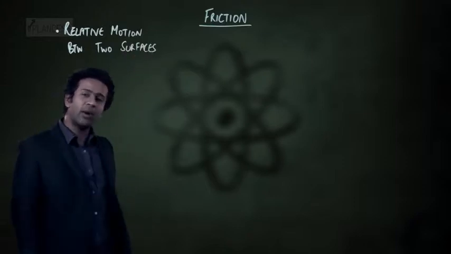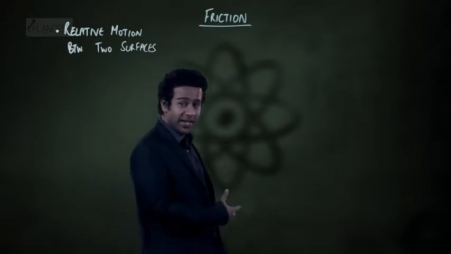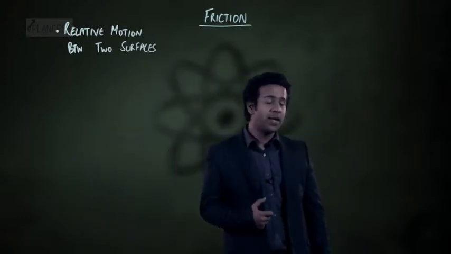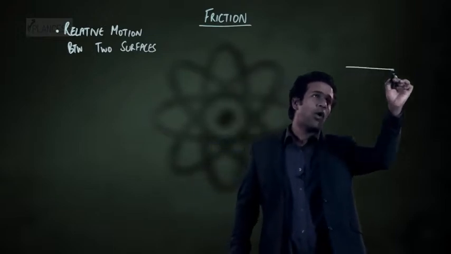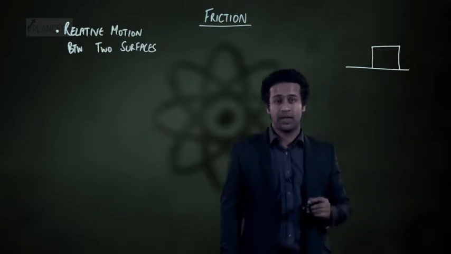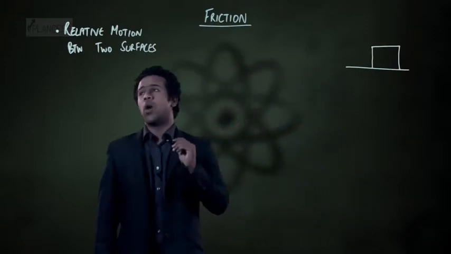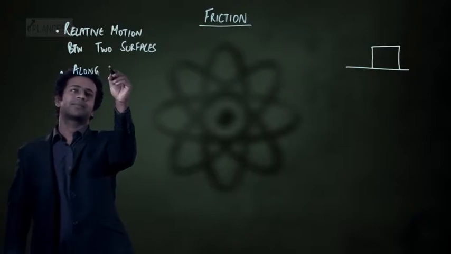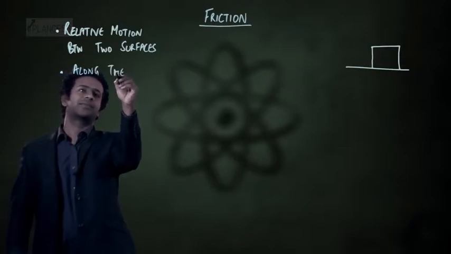So if you think about it, friction is again a contact force. But how does it differ from normal? Normal reaction always acts perpendicular to the surface of contact, whereas friction will always act along the surface of contact.